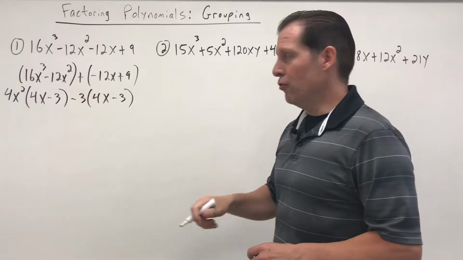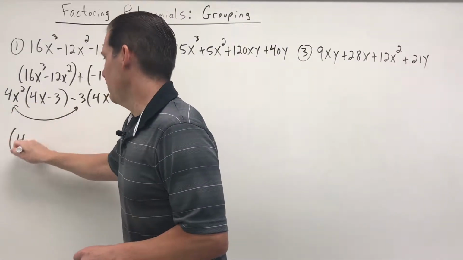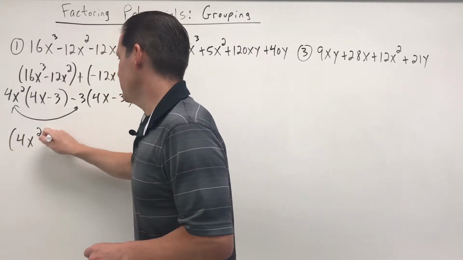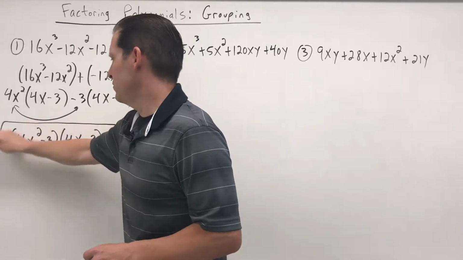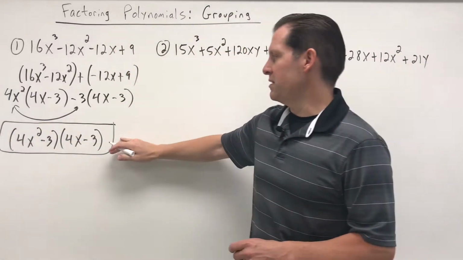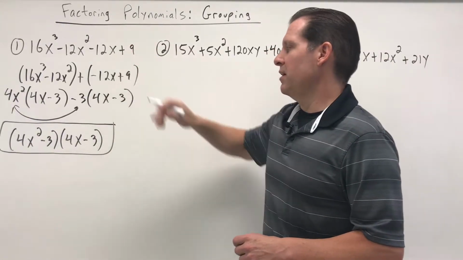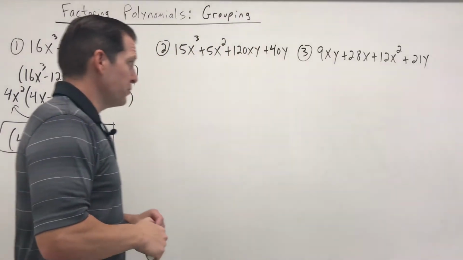Now we're ready to group. Put these 2 together, and you get 4x squared minus 3 times 4x minus 3. And then we are good. Of course, you can multiply this out and make sure you get this right here, and it would work.